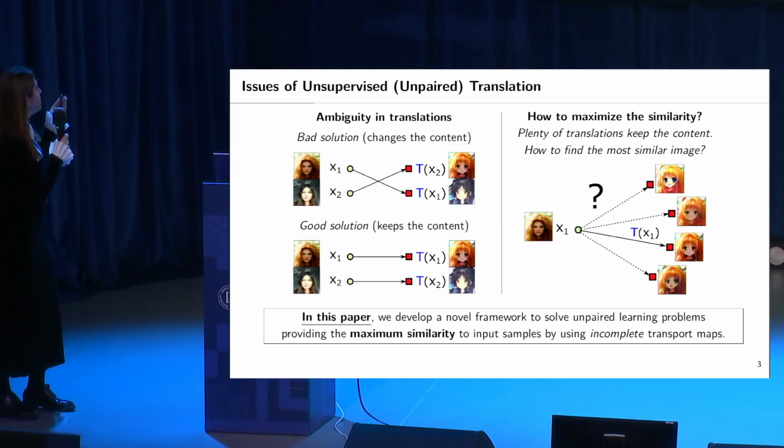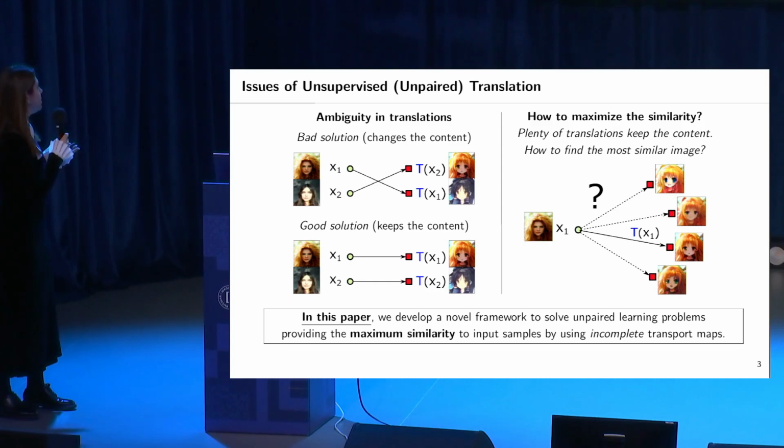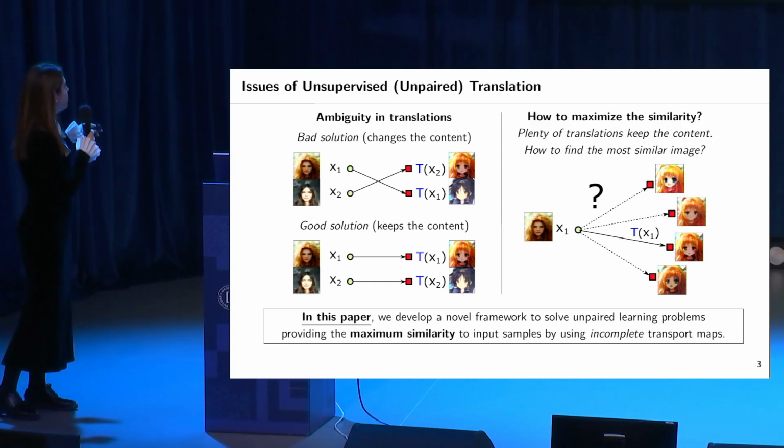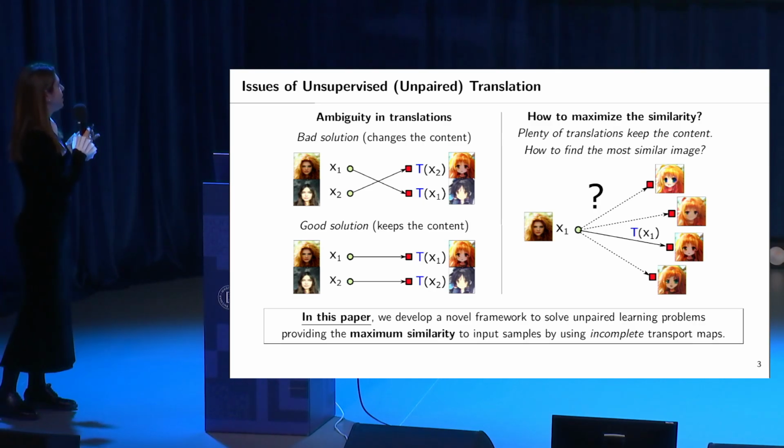For example, on the top picture, we have a translation map which is intuitively not good. It is bad because it does not keep the content and features of the input images. The bottom left picture is good because the content of the images is kept. So the learner has to somehow decide how to pick the optimal translation map, which, for example, keeps the content.